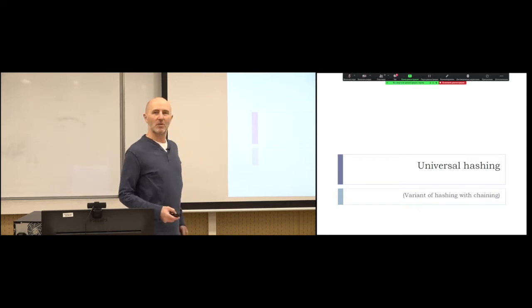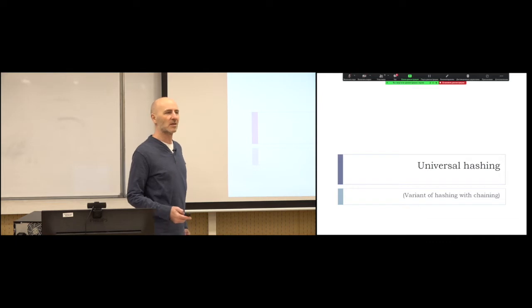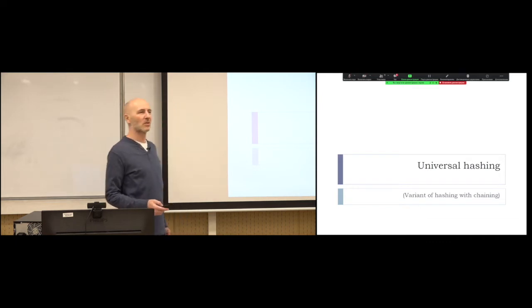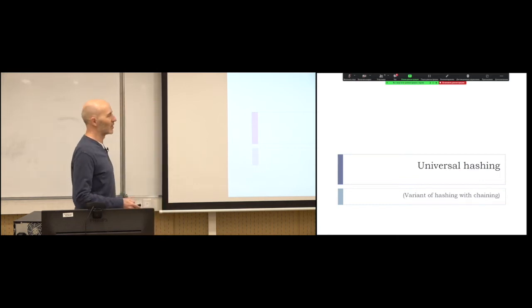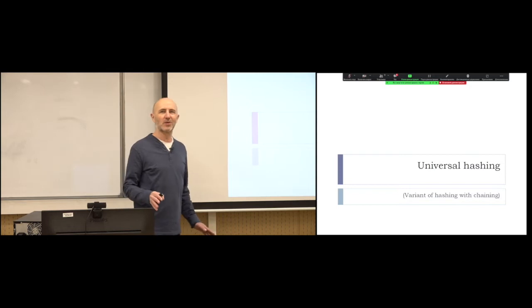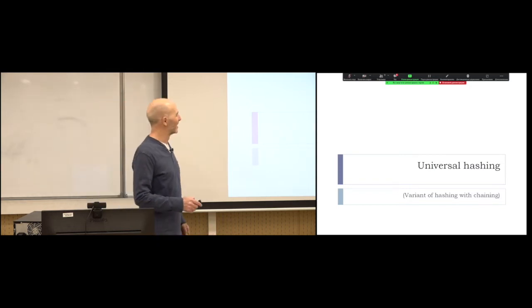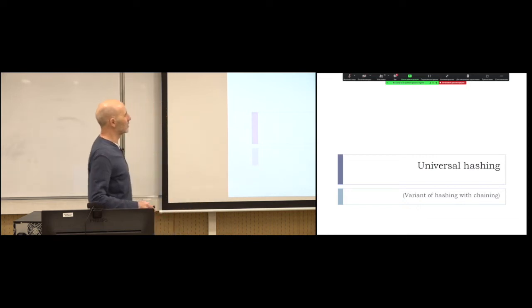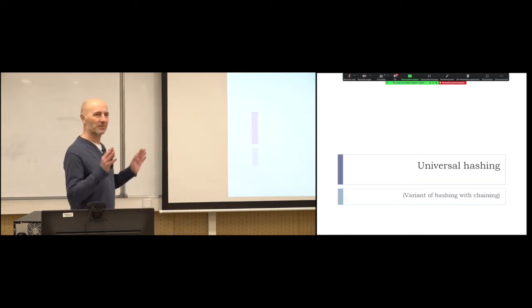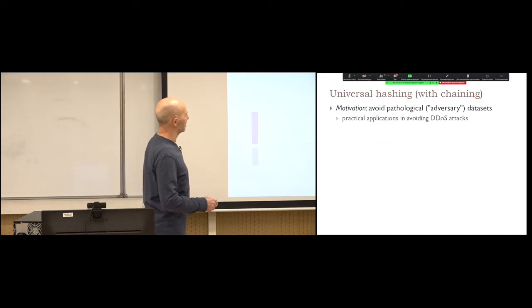I think you don't know it. If you know universal hashing, please raise a hand in the chat. I would just be curious to know. It's not to test you, it's just to know if you know this or not. Universal hashing, what is this?